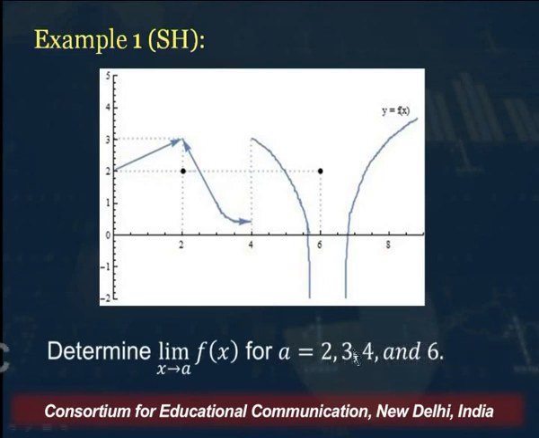Similarly, look at a equal to 6. If x approaches 6 from the left, the function is tending to minus infinity. Again, if x approaches 6 from the right, the function tends to minus infinity. Mathematically you can write the limit of f of x is equal to minus infinity, but we talked in the earlier part of the lecture that the limit has to be a finite value, and minus infinity is not a finite value.